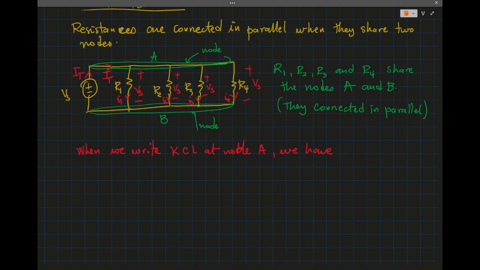This is I total. So I total is equal to I1 plus I2 plus I3 plus I4.